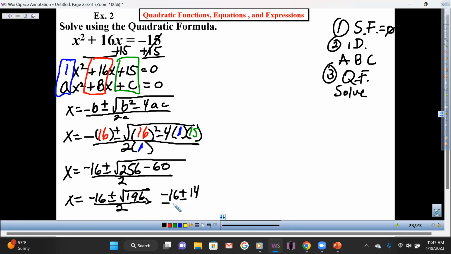Yeah, 14 divided by 2. All right. And now at this point, we can actually do our 2 equations, x sub 1 and x sub 2.